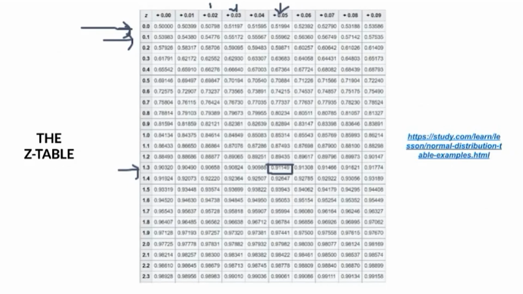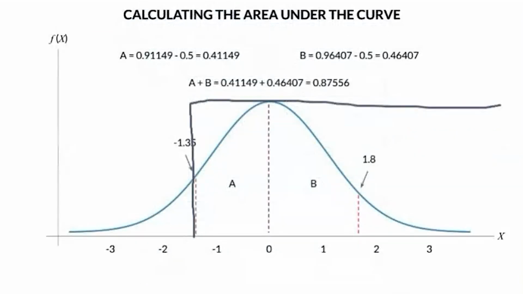Okay, this is the area under the standard normal curve from full left to positive 1.35, or from full right to negative 1.35, because of the symmetry property. And what is that area? 0.91149, and that is exactly what I have written here.